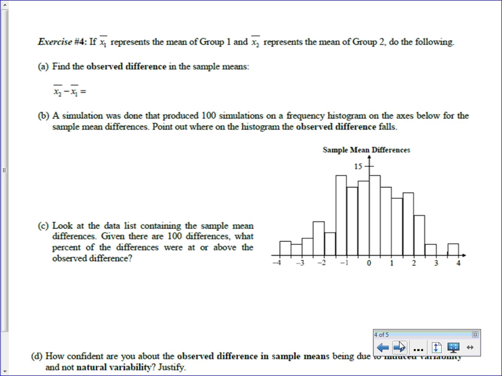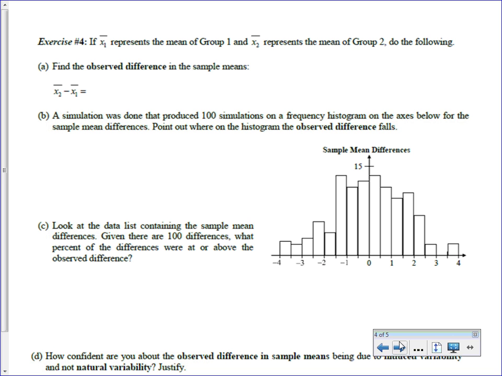What we're going to do is, well, we're not going to actually run a simulation, but we're going to look at a simulation which was run.